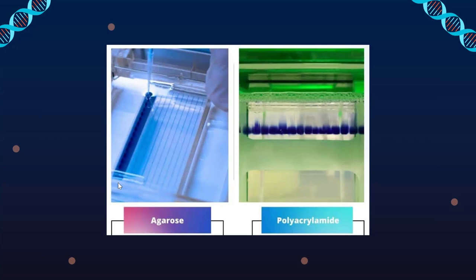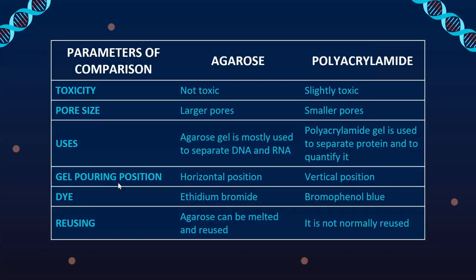And then lastly, when it comes to practical considerations, agarose gels are much more easier to prepare and handle, while polyacrylamide naman po requires more technical expertise. Okay? So we have here parameters of comparison for both agarose and polyacrylamide.